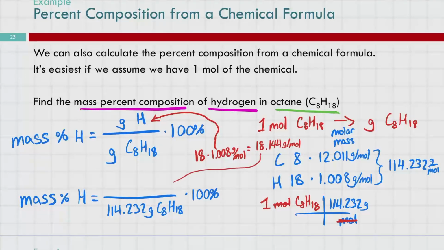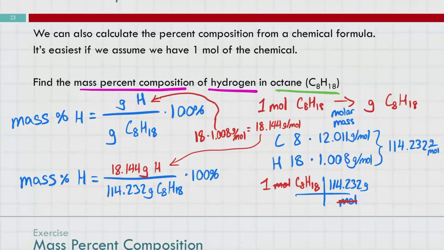And that's the number that goes in: 18.144 grams of hydrogen. It's because we've got 18 hydrogens in one of our octanes. That's where we would pull those 2 numbers from.